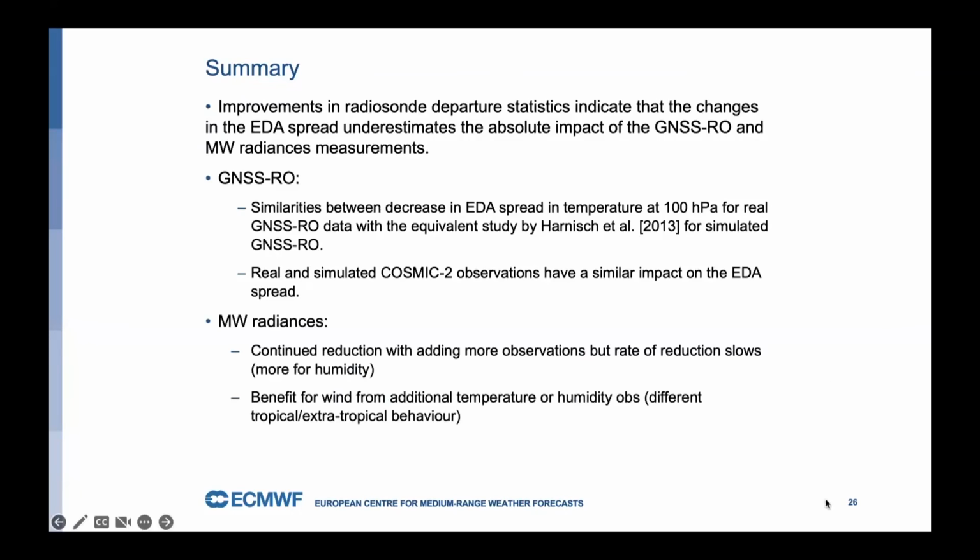And for the microwave radiances, in the last part I just showed you, there was continued reduction with adding more and more data, but the reduction here did slow, especially for humidity. And what I didn't show is there's actually a benefit for wind as well when we add temperature. So thanks for your time, and if you have any questions, let me know.